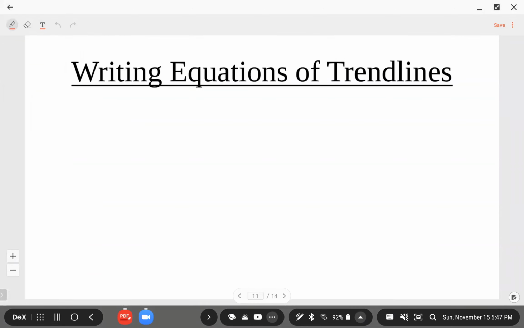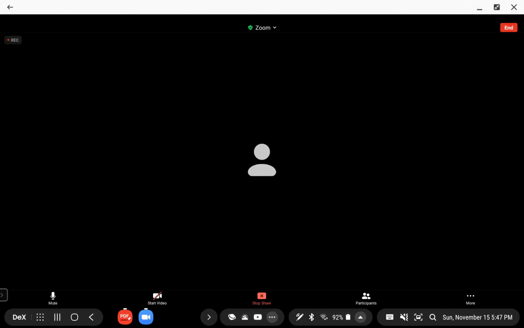So basically, you want to use point slope form when you're writing the equations of your trend lines. Point slope form is y minus y1 equals m times x minus x1. Does this look familiar to anyone?